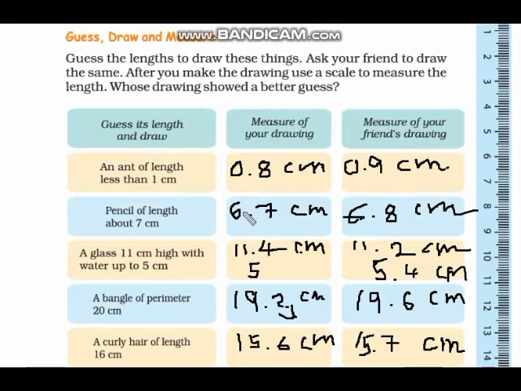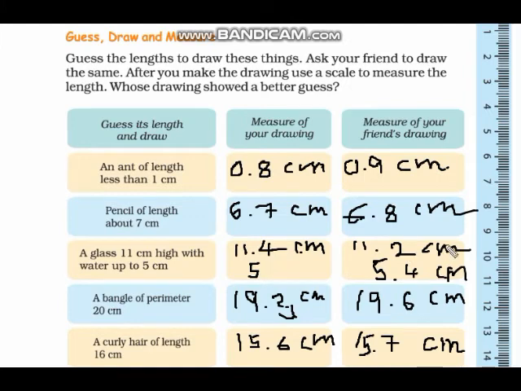Now you have drawn the pencil which measures 6.70 centimeter and the measure of your friend's drawing is 6.8 centimeter. Now whose drawing is nearer to 7 centimeter here? Your friend's drawing. So here also your friend's drawing showed a better guess.